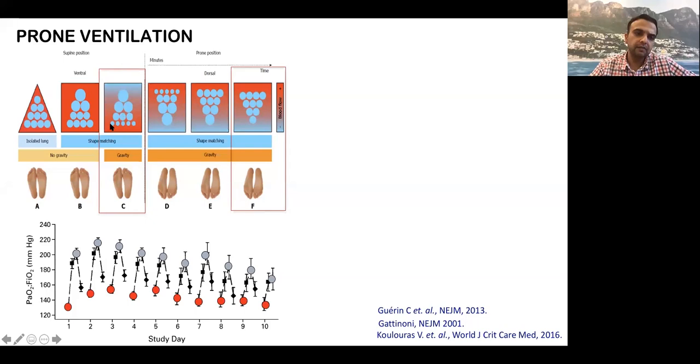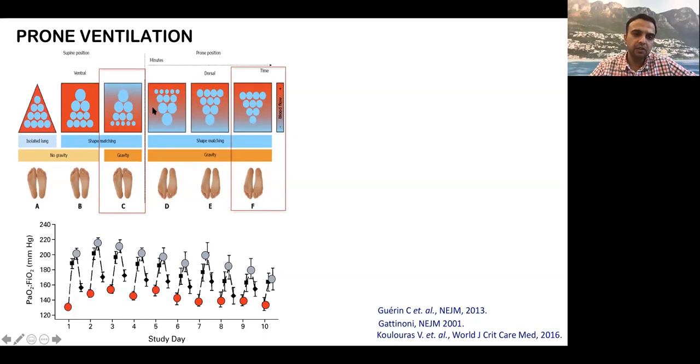You can see that the alveoli at the dependent part are very small, whereas at the top they are very big. Just like the graph told you, the ventilation is better as you go to the top, and the blood flow is better at the bottom. The red shading tells you that.